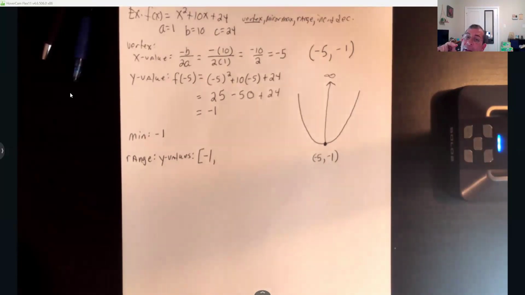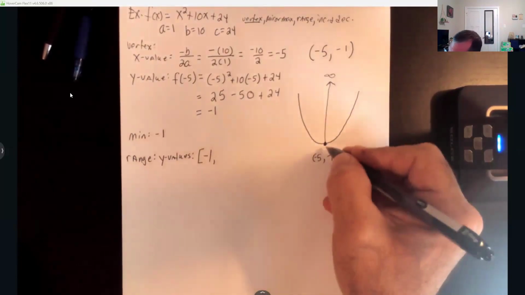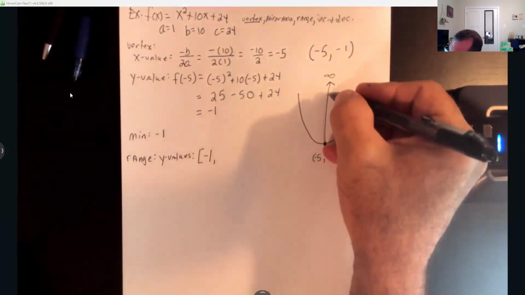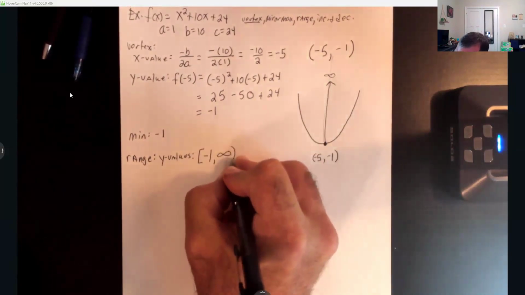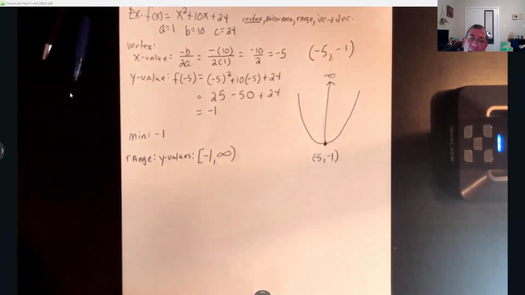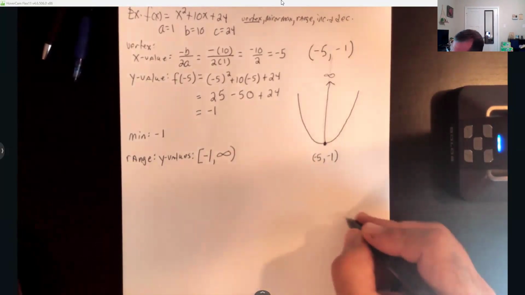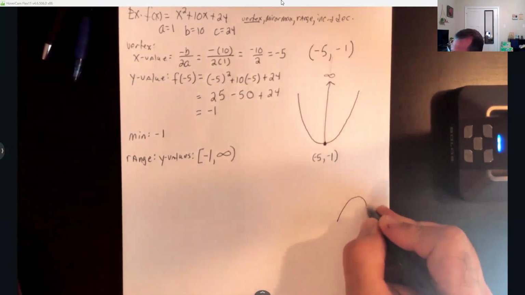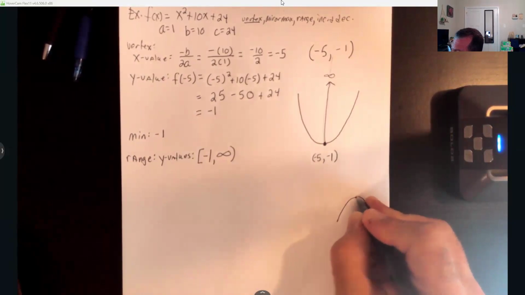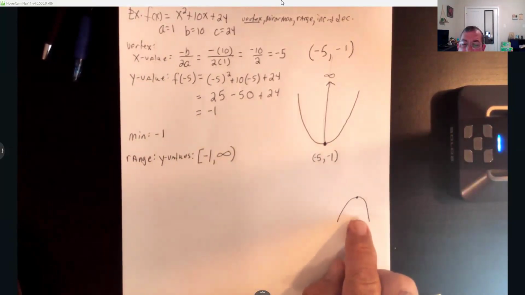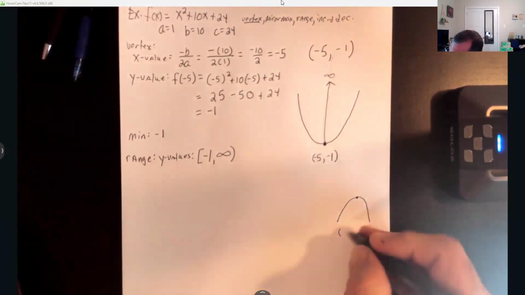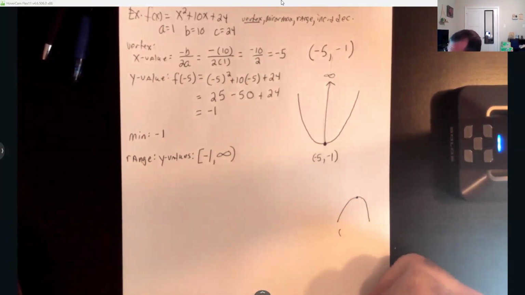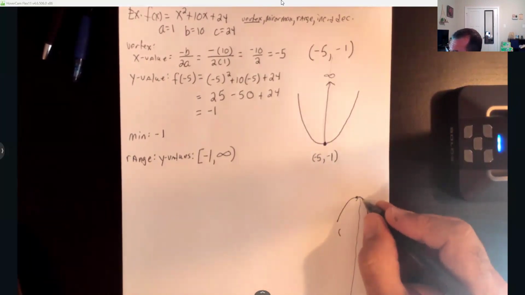But if it's a bracket, we keep that number, okay? Now, -1 on the y-axis, my y values head towards positive infinity. Now, y'all, this isn't on this problem, but let me just show you something. If your parabola is upside down, then you would start down here and head up to that point.